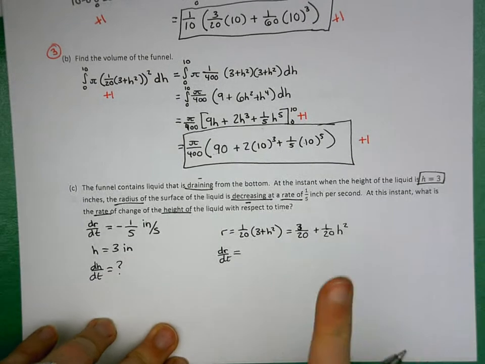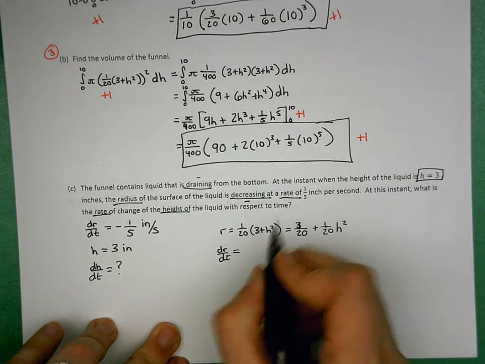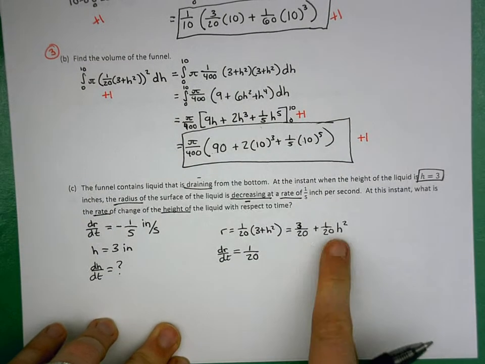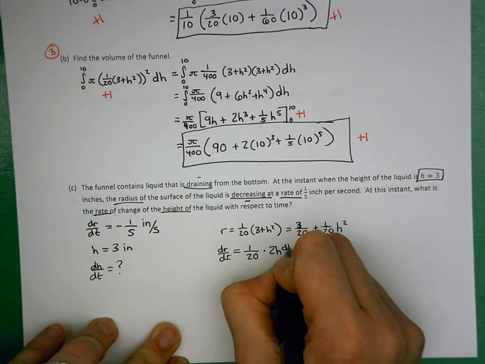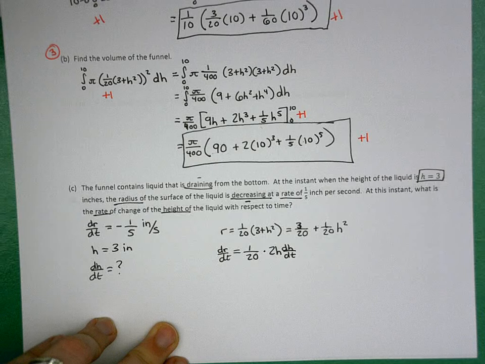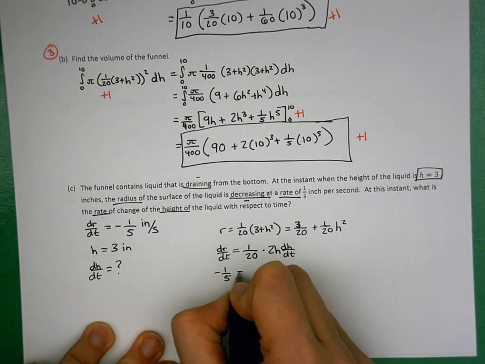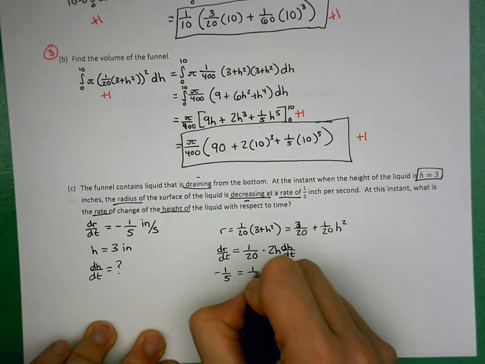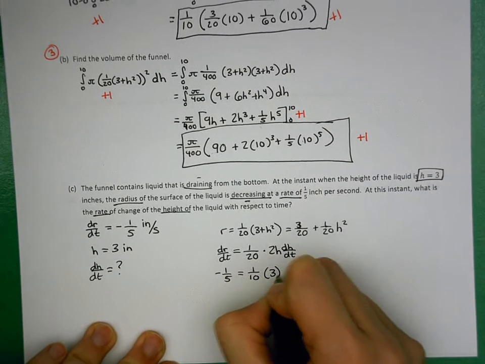Back here, that's a constant, so derivative is 0. 1/20th is coefficient, so I'm going to let it hang out, and the derivative of h squared is 2h dh dt. Okay, which then plugging in, dr dt is negative 1/5. 1/20th and 2 are 1/10. H was 3 dh dt.